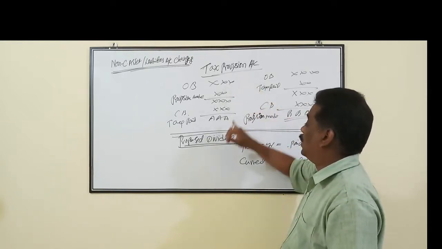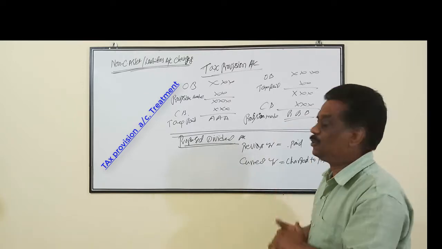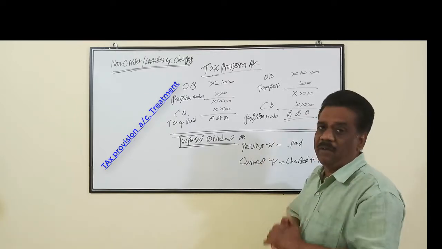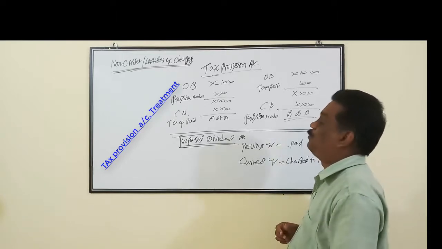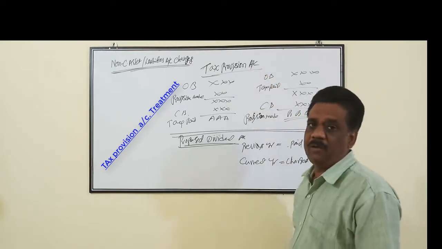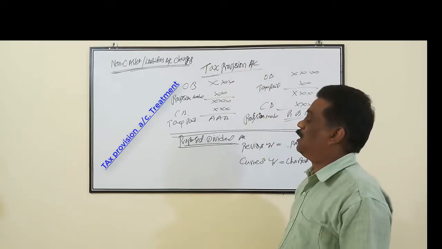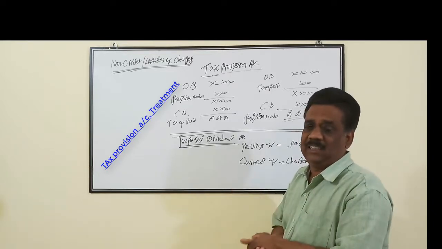One is the tax provision account and the other is the proposed dividend account. Those two are given in our data in the form of balance sheets of 2 years. Let us see how the treatment is to be made. If the tax provision account is given, there are 2 year balance sheets.